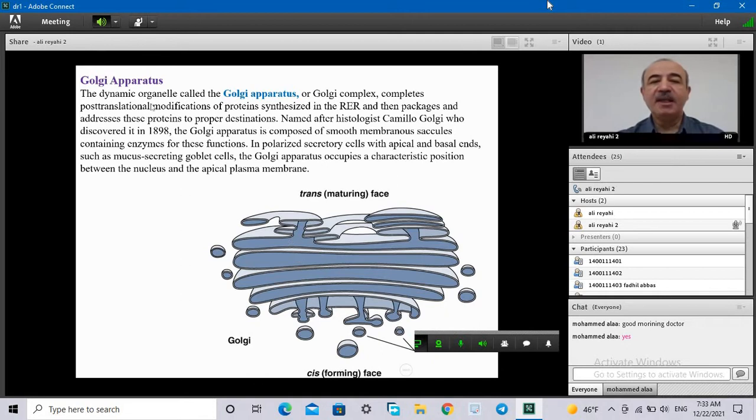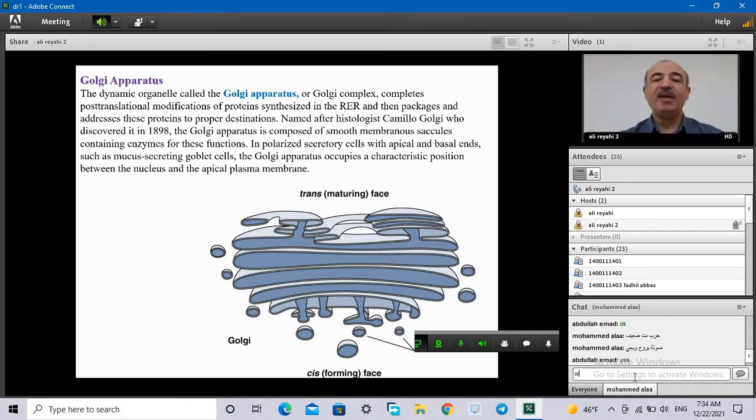This dynamic organelle, called the Golgi apparatus or Golgi complex, completes the post-translational modification of protein synthesis.